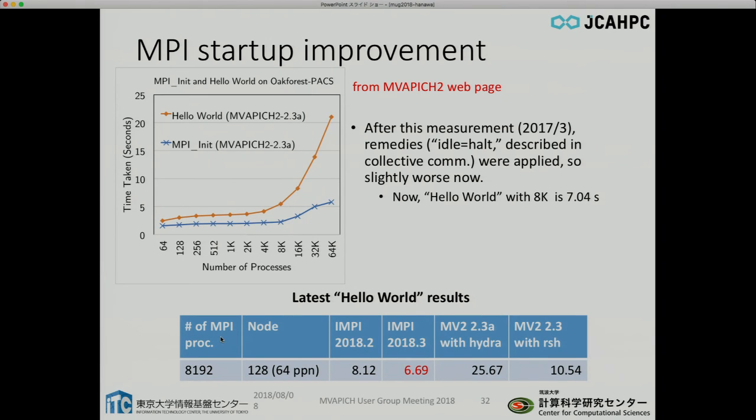I measured the latest hello world results on the OFP. Intel MPI 2018.3 is the best case, and MPICH2, now at the latest version 2.3, we observed 10.5 seconds.